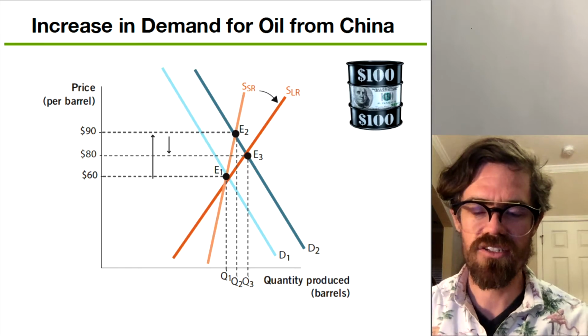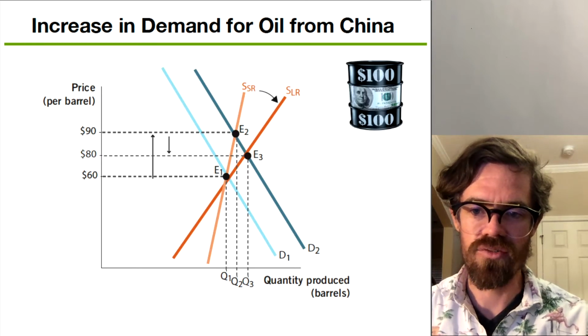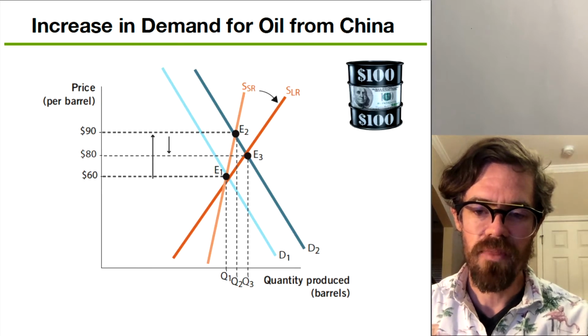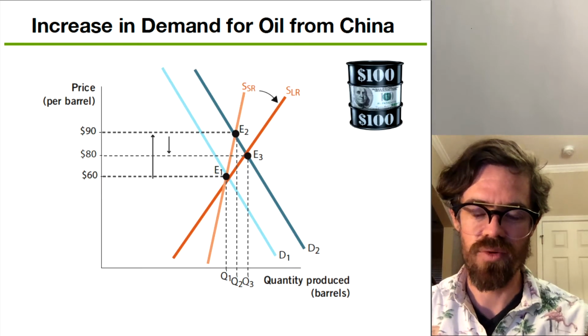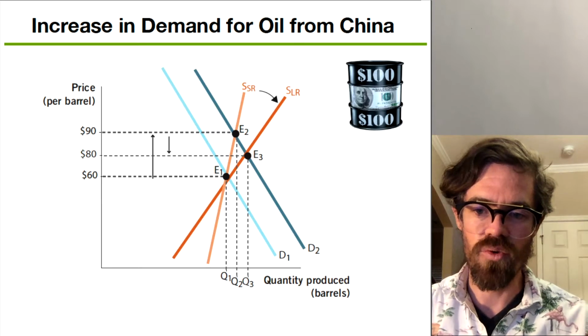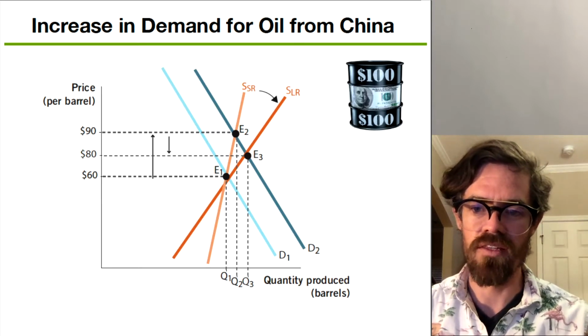Now let's compare that to when supply is more elastic. If supply is more elastic, like the long-run supply curve there, we see that the same increase in demand will increase quantity to a larger extent. So rather than going from Q1 to Q2, like in the short run, we go from Q1 to Q3. So the quantity response is bigger when the supply curve is more elastic.